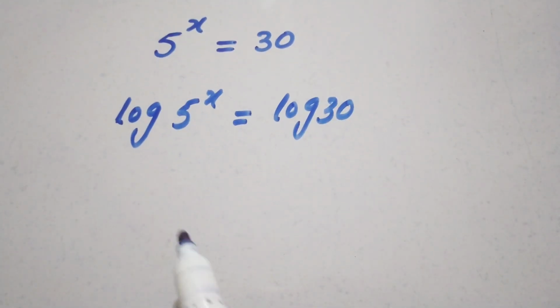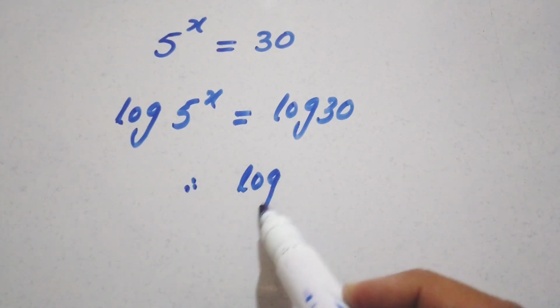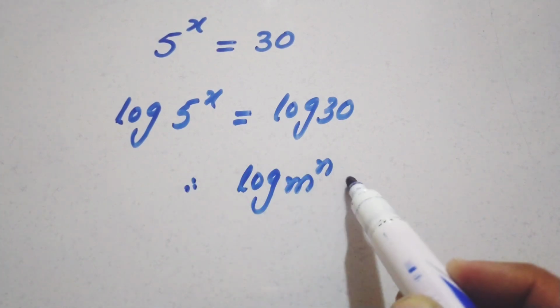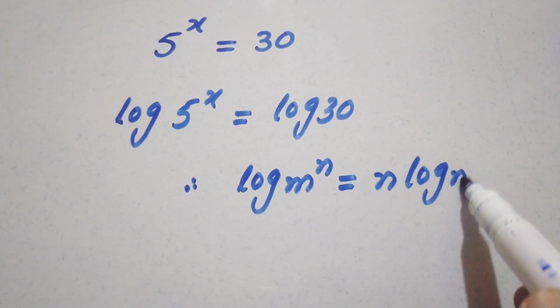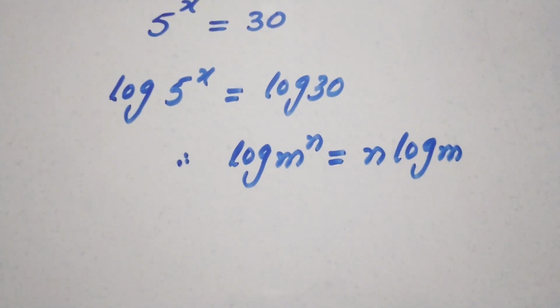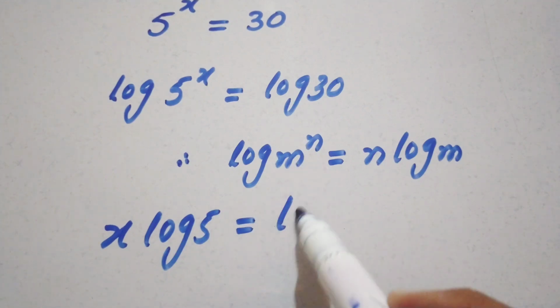Now from a logarithmic property, if we have log of m power n, this is equal to n log of m. So the left hand side of the above equation we can write, using this identity, as x log of 5 is equal to log of 30.